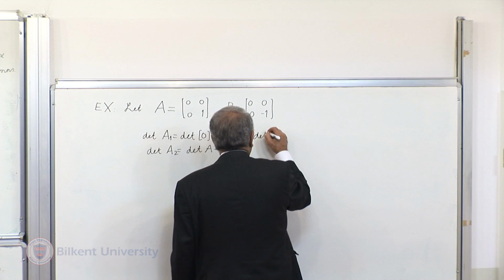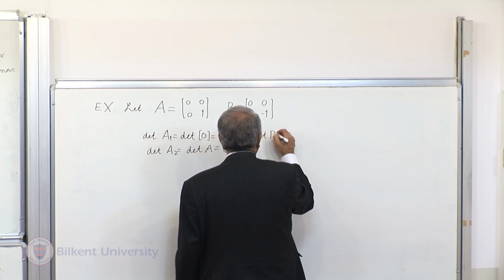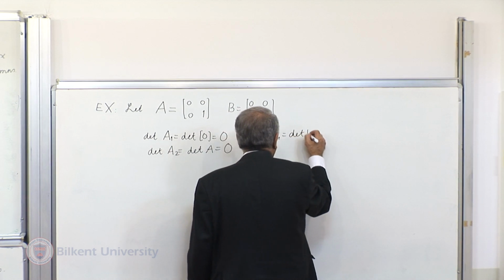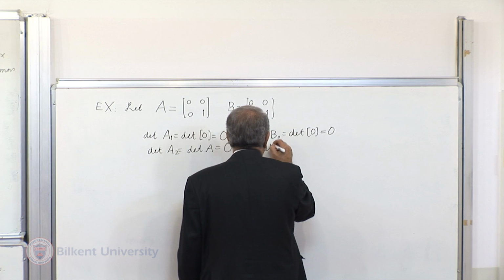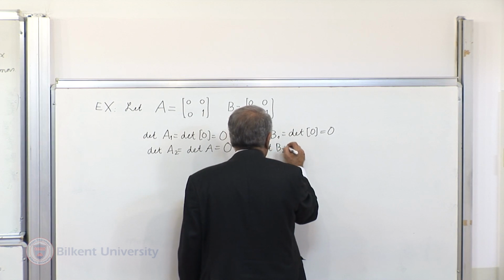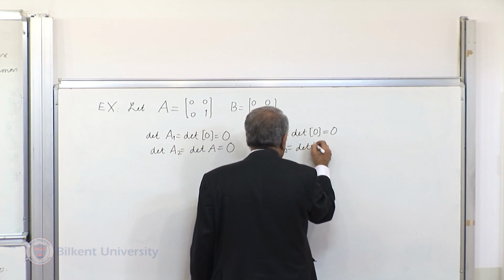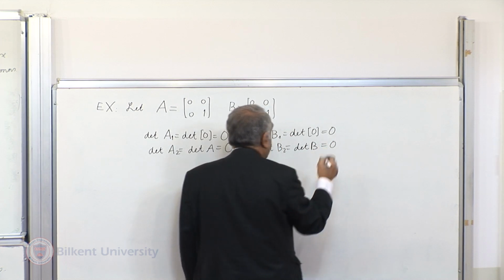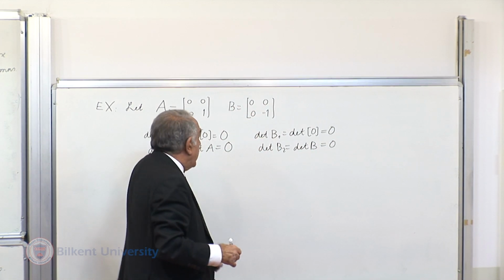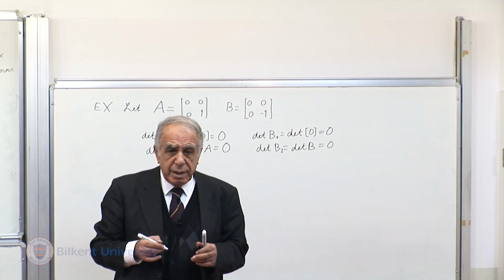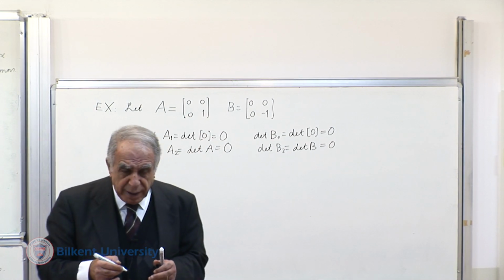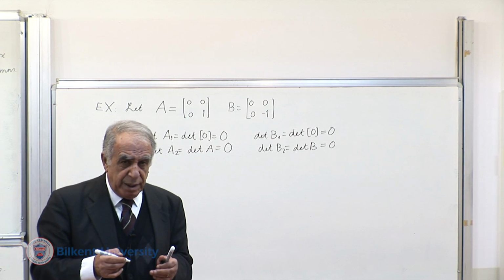Here, determinant of B1, that's just this singleton, that's 0. And determinant of B2, that's the entire matrix, that's 0 again.